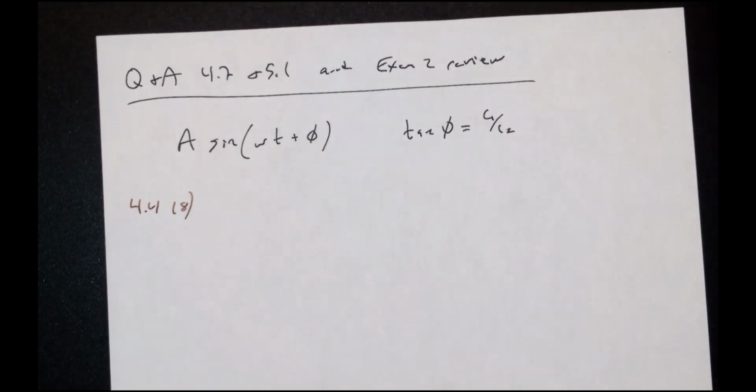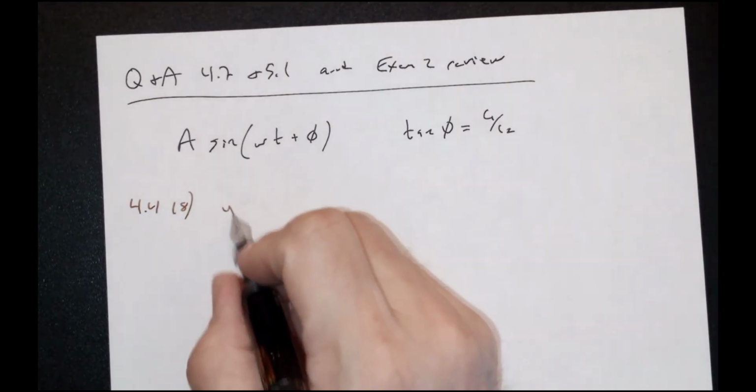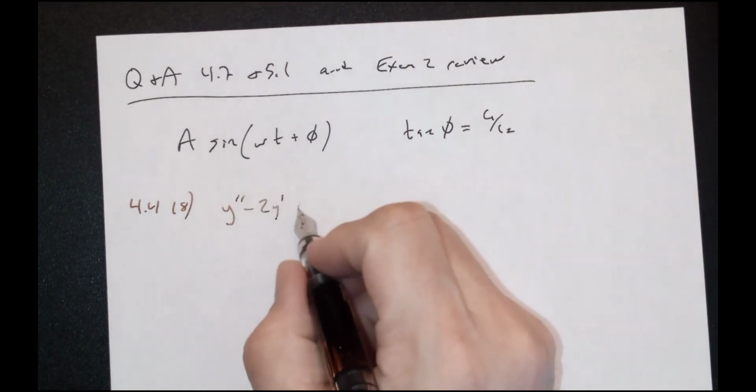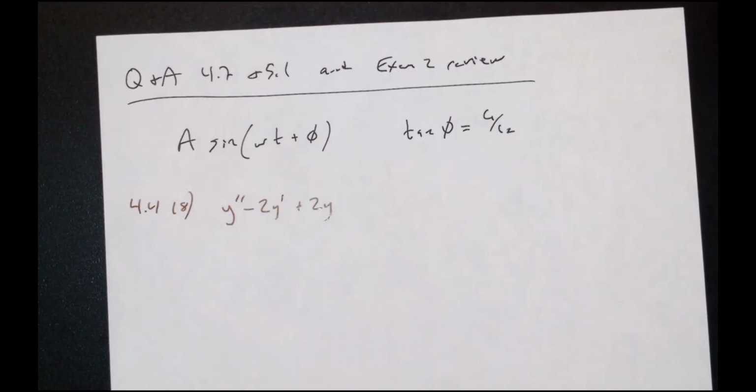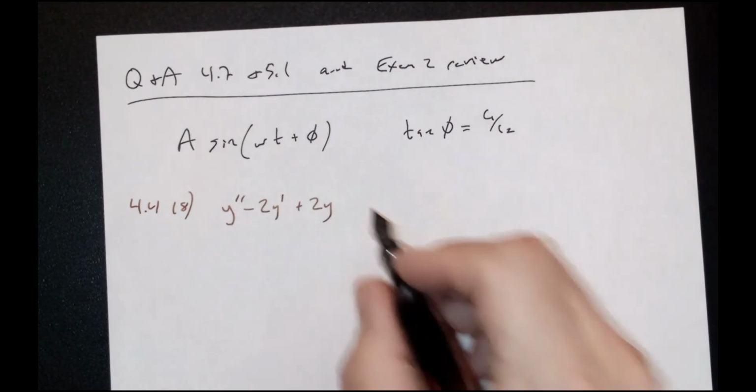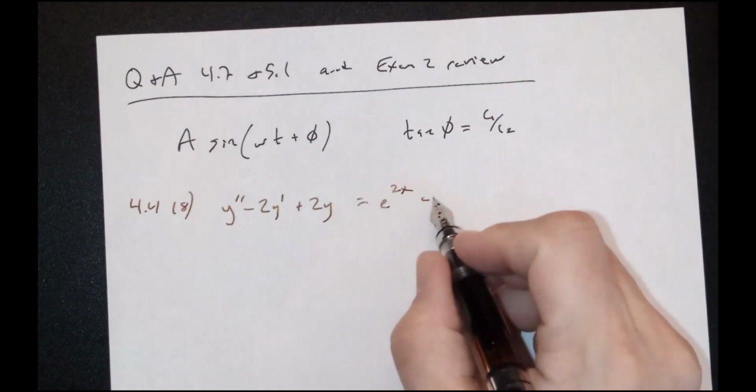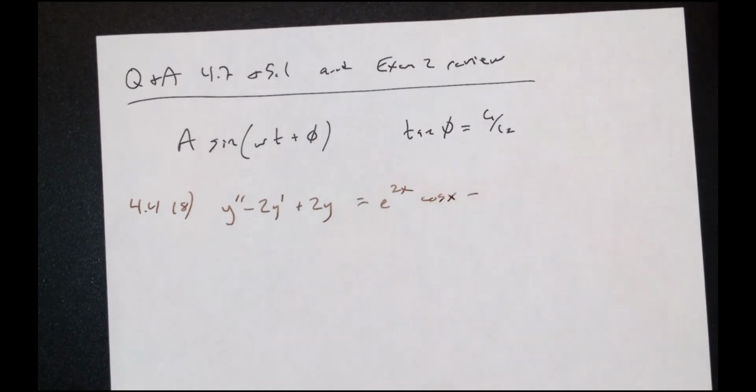The differential equation on the other side of that is y double prime minus 2y prime plus 2y equals e to the 2x times cosine x minus 3 sine x.